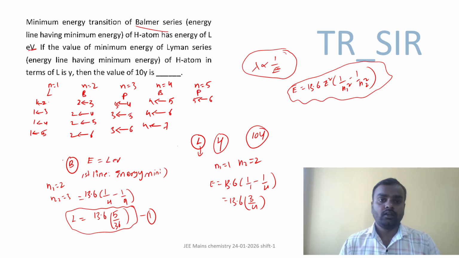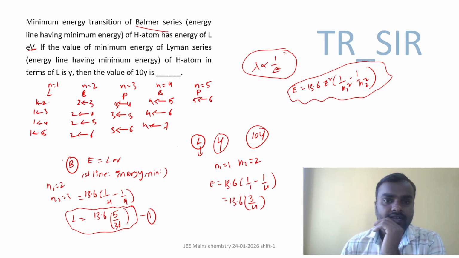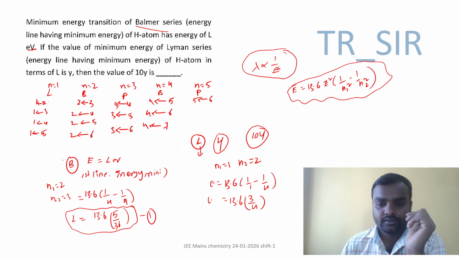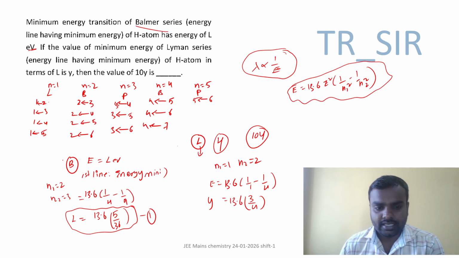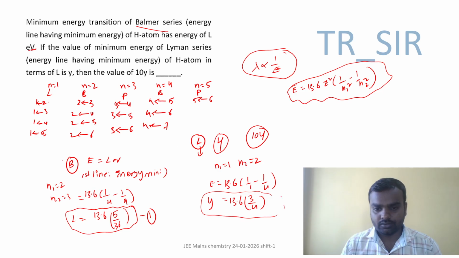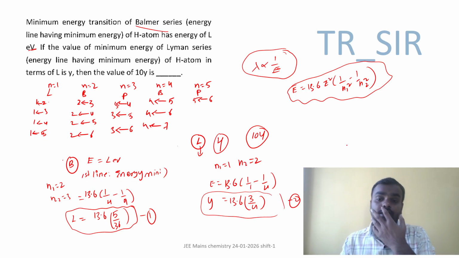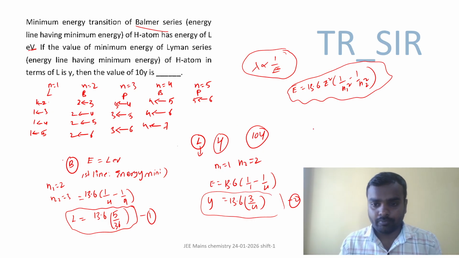They gave this energy as Y. Now this has to be in terms of L. Equate equation 1 and equation 2 and you will get the Y value. That Y value you have to substitute in 10Y.